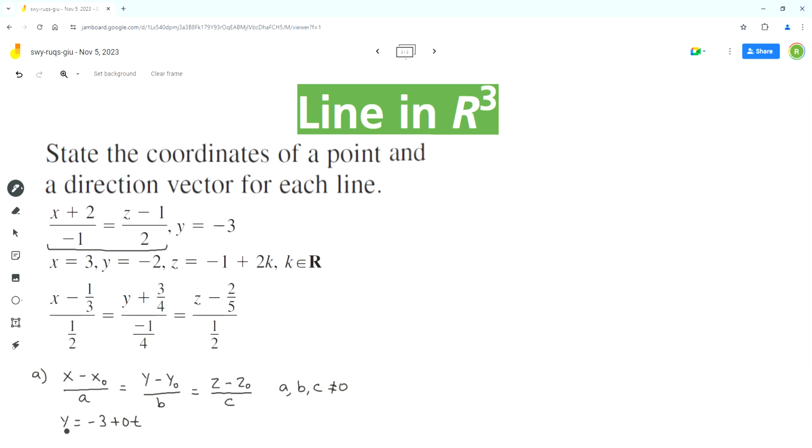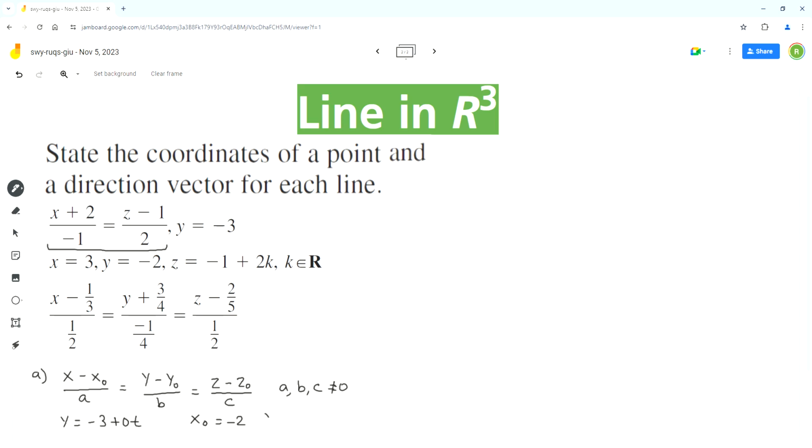In the symmetric equation, x naught, y naught and z naught represent the components of the position vector of a known point on this line. So in the given equation, x naught is equal to -2 because the numerator in the x part of the equation is x plus 2.